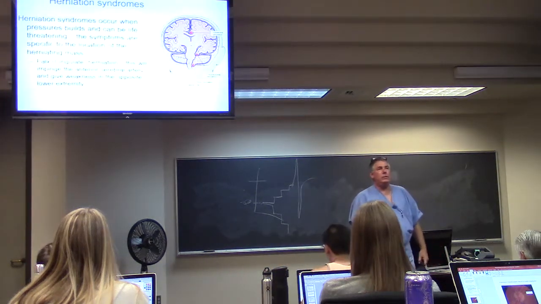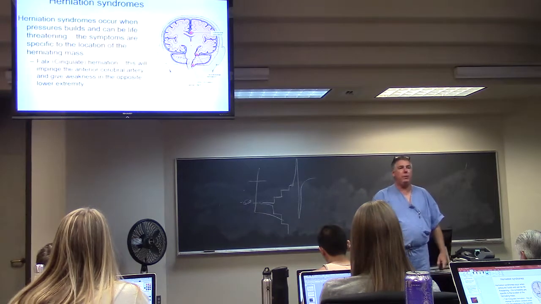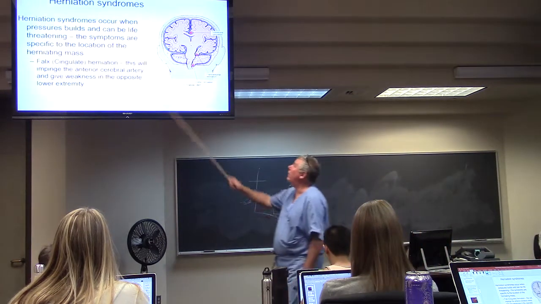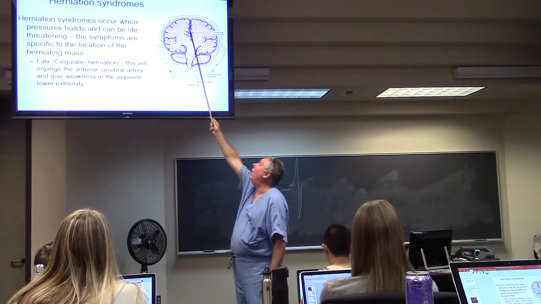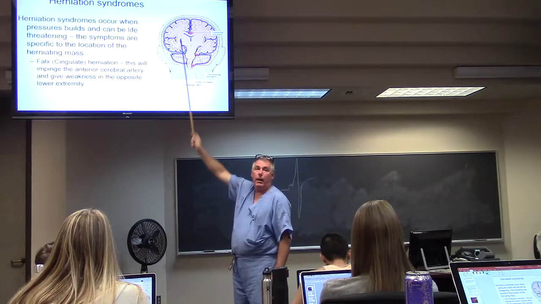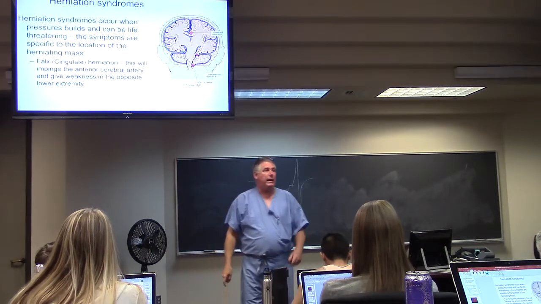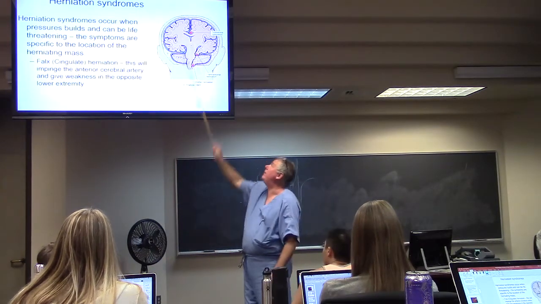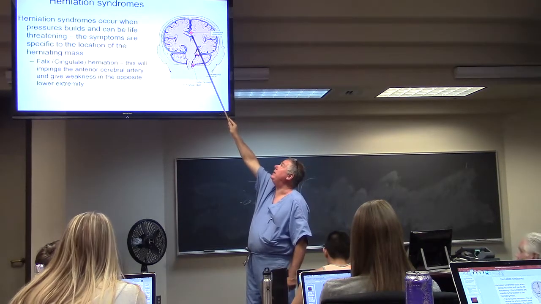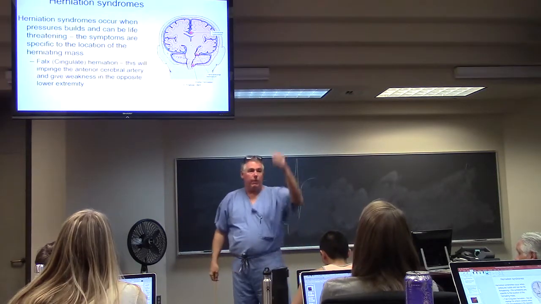Herniation syndromes from an increase in intracranial pressure. There are three different levels of herniation syndrome. The first one here involves a herniation of one side underneath the falx cerebri to the other side. If you have a space-occupying lesion over here, or some bleed going on over here, putting pressure, this thing is going to get pushed under the falx cerebri.